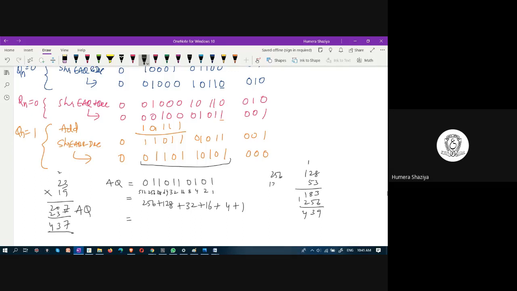Students, are you doing with me? 128 plus 8 plus 53, that is 181. 181 plus 256 is 384. 384 plus 32, 416. 416 plus 16, 432. 432 plus 4, 436. 437.